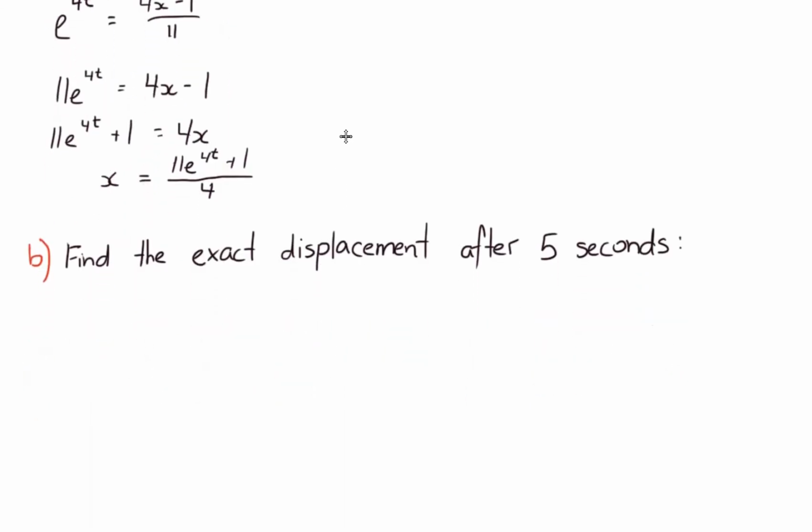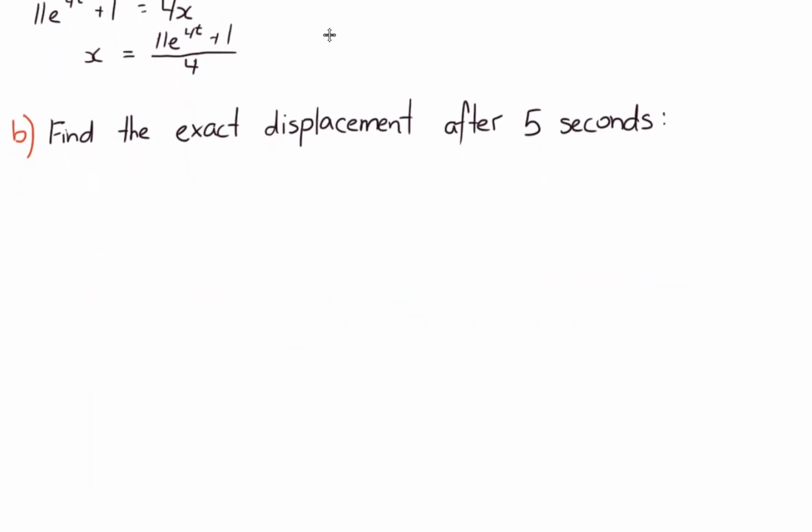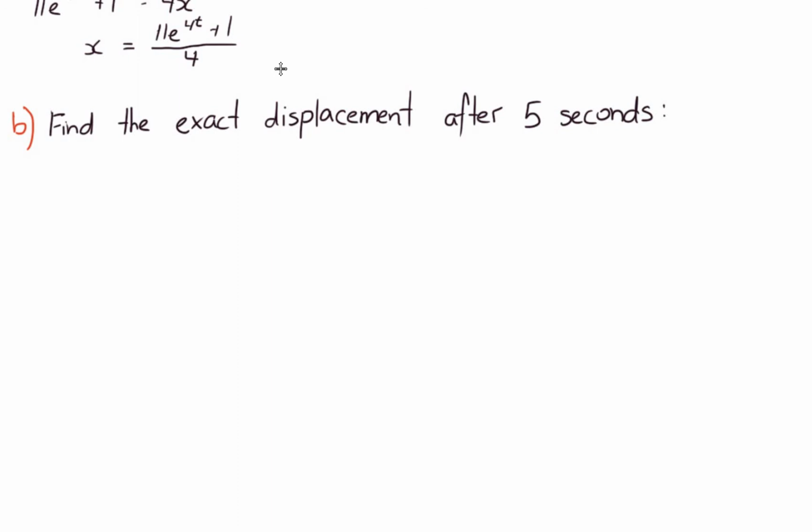Okay, part B, find the exact displacement after 5 seconds. So here all we need to do is go, okay, using part A, where I have displacement in terms of time, I can just substitute in t equals 5. Now we want to express it in exact form, so we don't need to go to the calculator or anything.